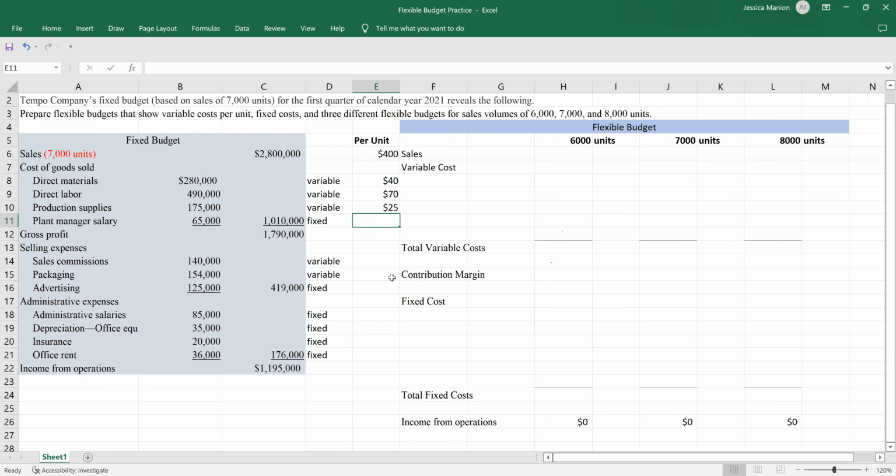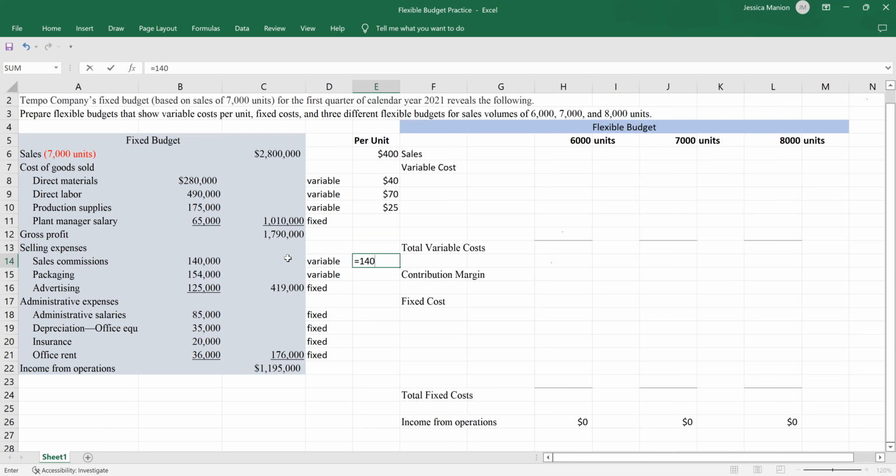Fixed costs, we do not need to break down per unit, right? Remember, fixed costs by definition remain the same at any level of activity. So we do not need to break those down per unit. Sales commissions, however, we need to break down per unit. This is a variable cost.